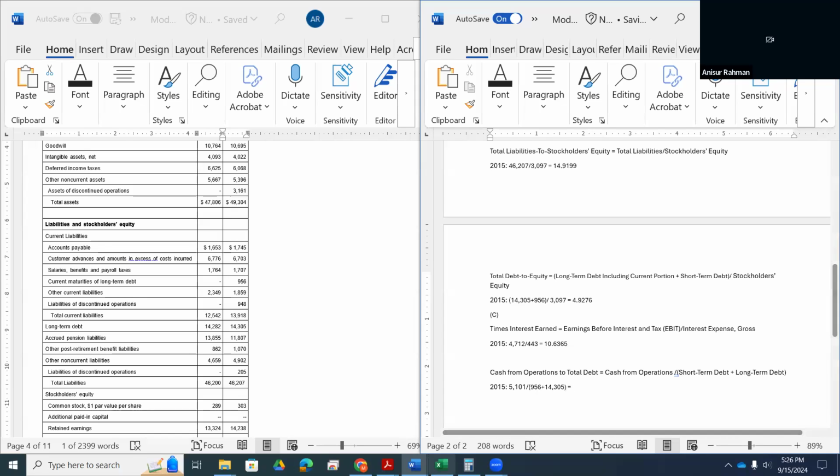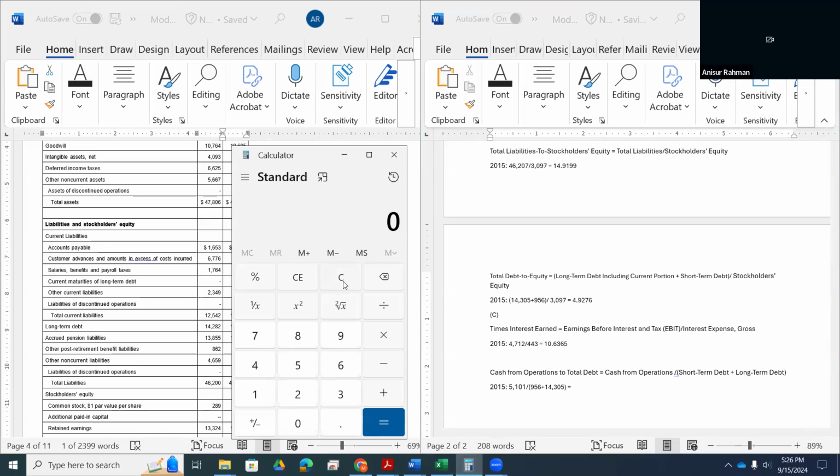So that should be equal to, I'll redo the calculation. I'll calculate the denominator first.